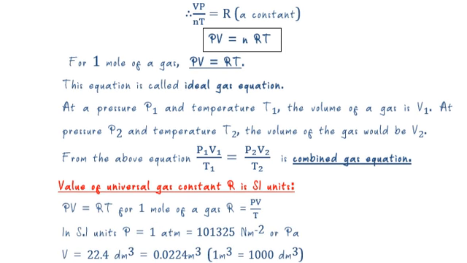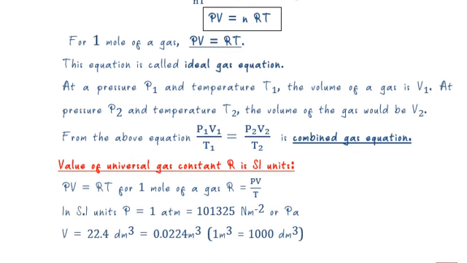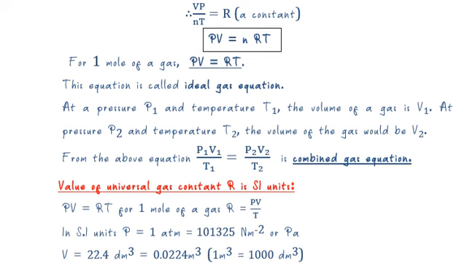Now, the value of the universal gas constant. What will be the value of the universal gas constant in SI units? You can see PV is equal to RT. For 1 mole of a gas, R is equal to PV by T. In SI units, P is equal to 1 atmospheric pressure, or you can say 101,325 Newton per meter square or Pascal.